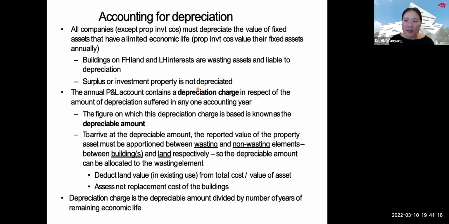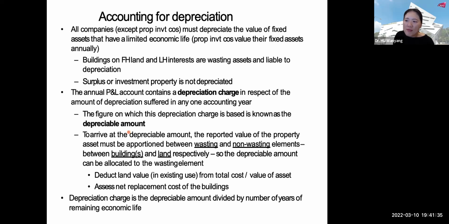This charge is based on what we call the depreciable amount. It's similar to the taxable income: it is the amount on which we do the depreciation.